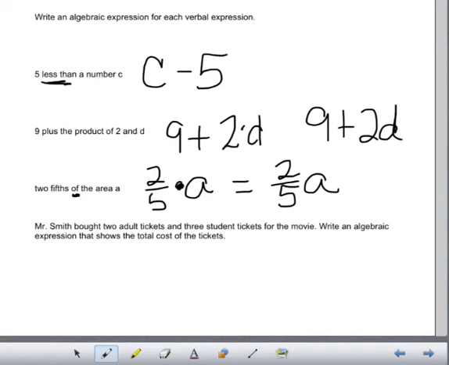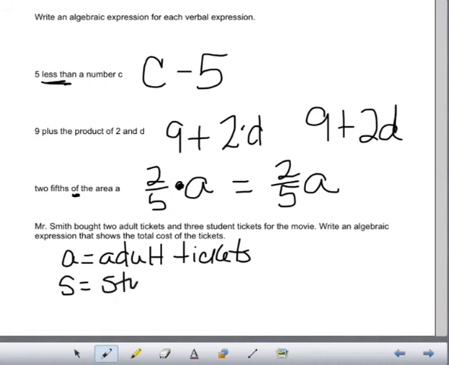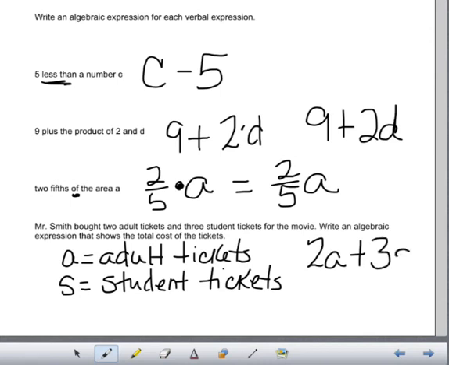So 2 adult tickets, if we let A equal the adult tickets, and we'll let S equal the student tickets. All right, so we got 2 adult tickets, so what's that going to be? 2 times A, right, plus 3 student tickets, 3 times S. And that would be my algebraic expression.